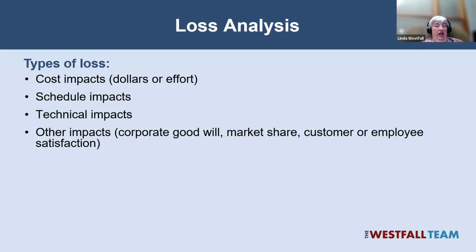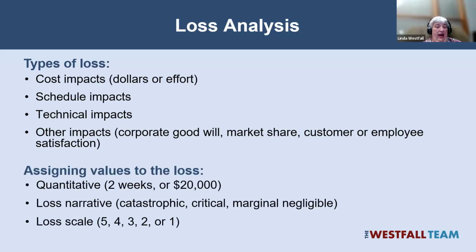There may be other impacts we need to consider, things like corporate goodwill or market share, customer or employee satisfaction. Now, typically we take all of these and roll them into some kind of either effort or dollar cost. But we have to consider the various different factors.